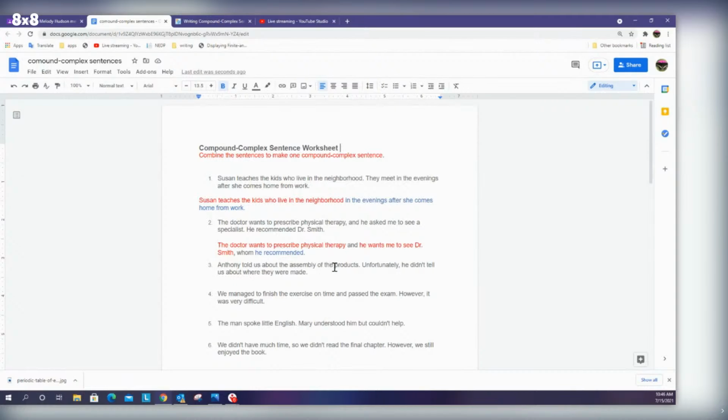Anthony told us about the assembly of the products, but he didn't tell us where they were made. Okay, so that is not a compound complex. That's simply an independent, complex sentence. Let's put it all together.